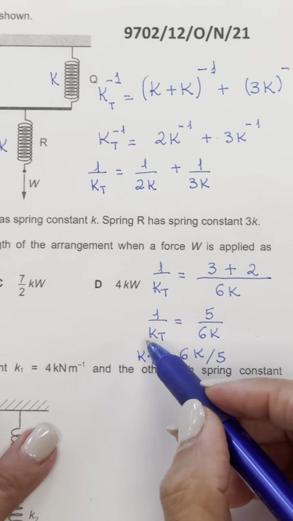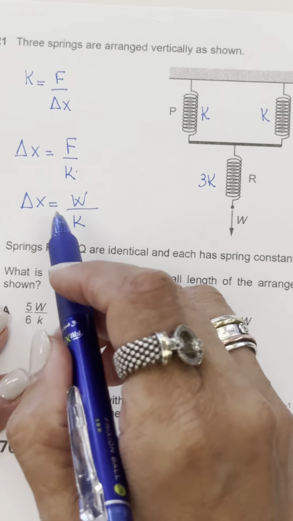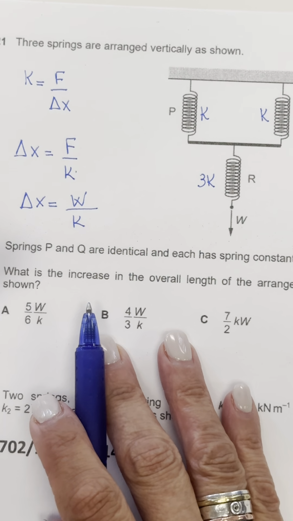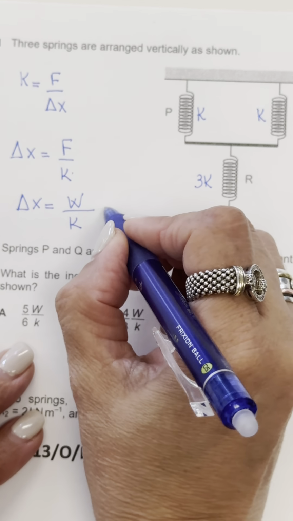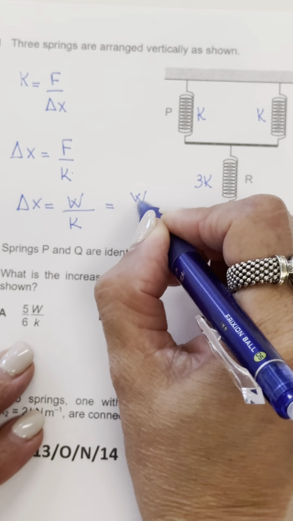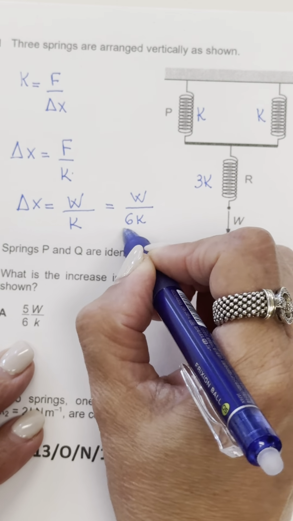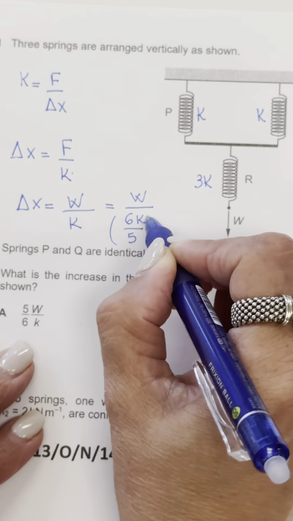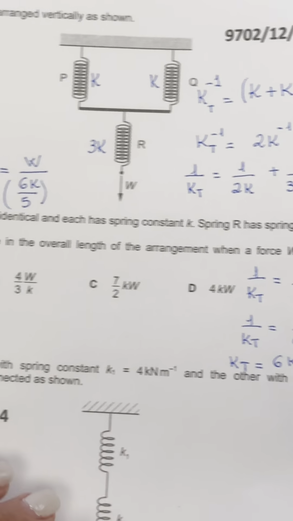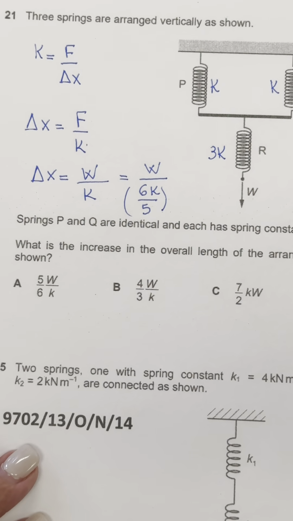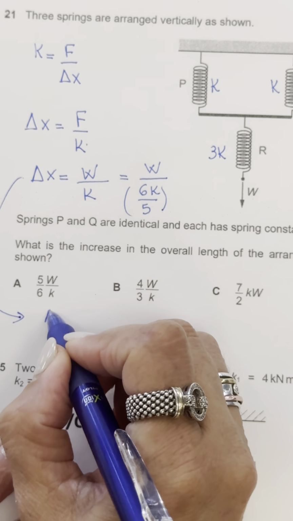Now I'm using this right here where I stopped, because I didn't know how much was my total spring constant. So now I do. So this is W over 6K over 5, which is the value of my K. I'm going to move here because I have some space.